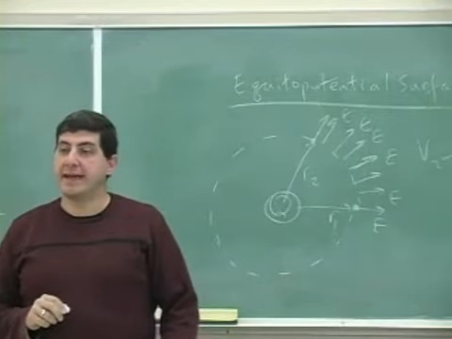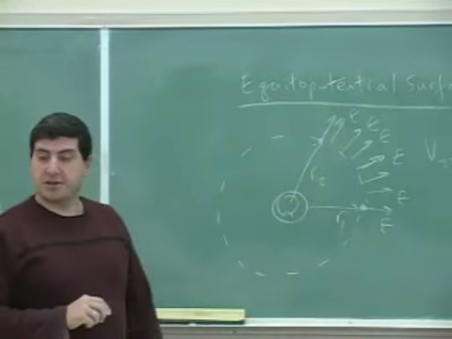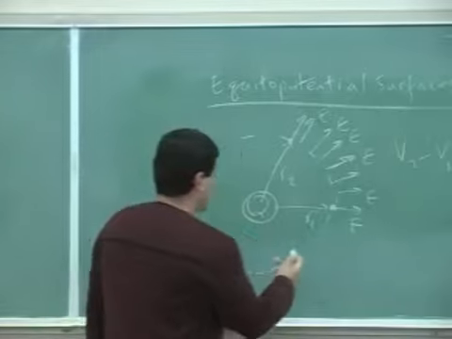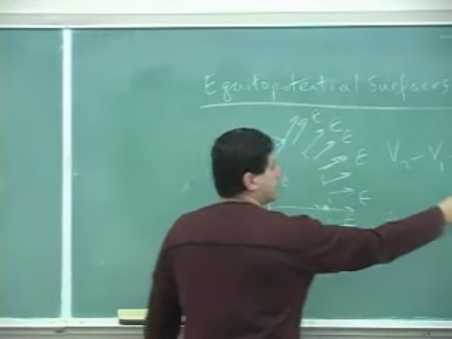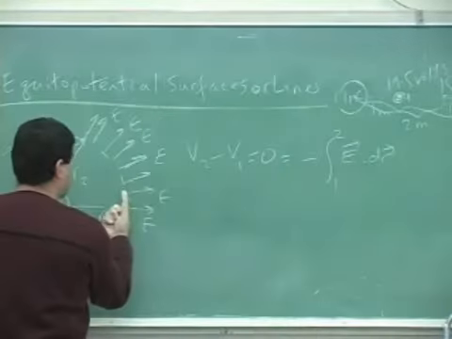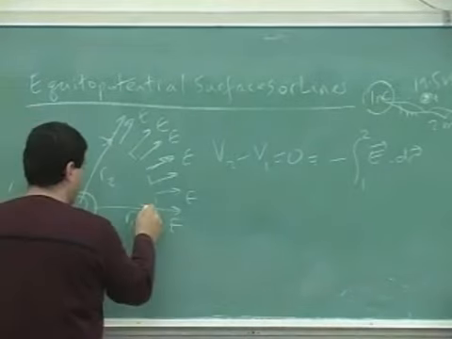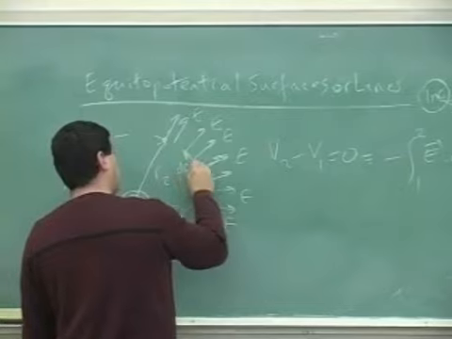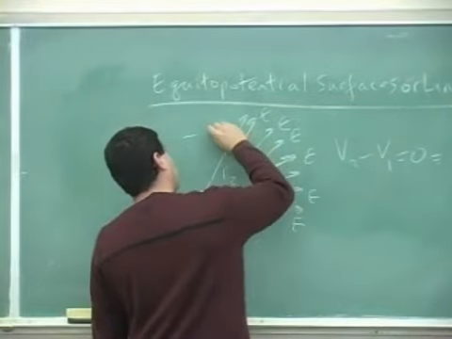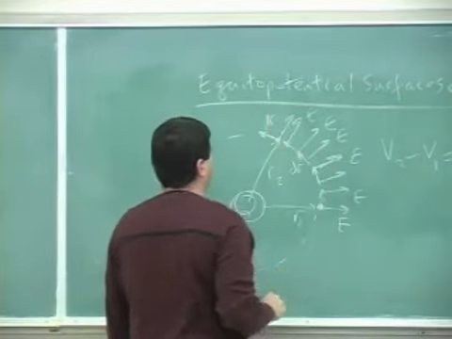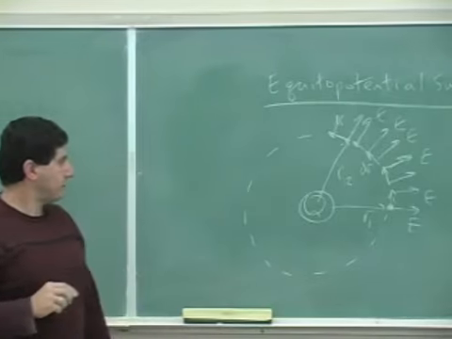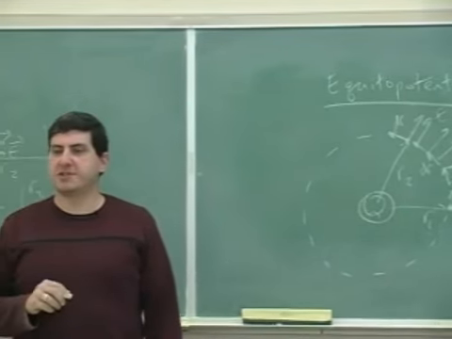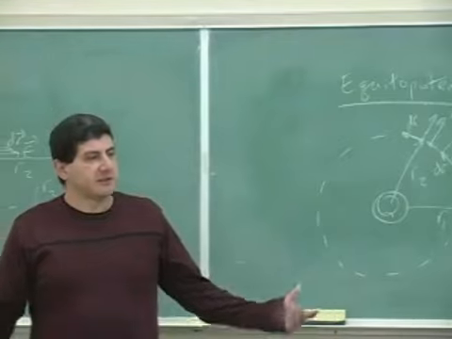And the dr is what? If I'm going that way, the dr vector is the vector that's tangential to the path that I'm taking. So what does the integral come out to? 0.